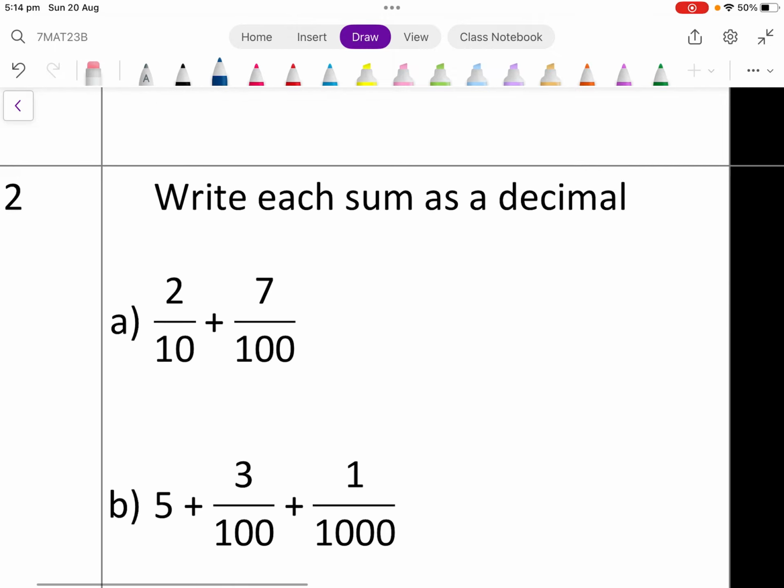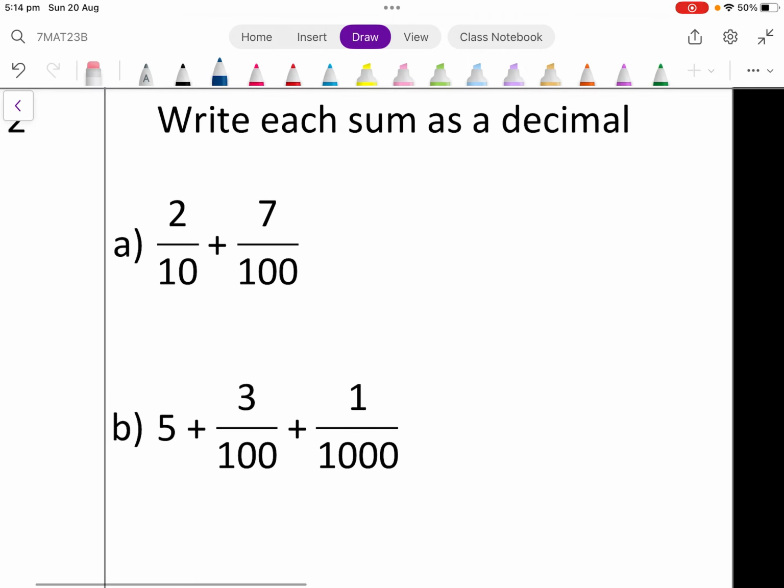Okay, moving on. Now we want to write each sum as a decimal. So we need to change these fractions into decimals, and we have been given them as tenths or hundredths. When we are writing each sum as a decimal, we have our whole numbers, so we have our 100 plus our 10 plus our units.